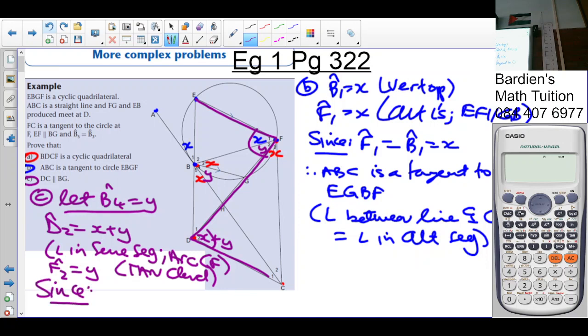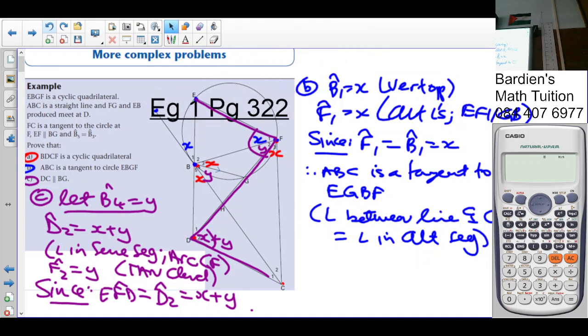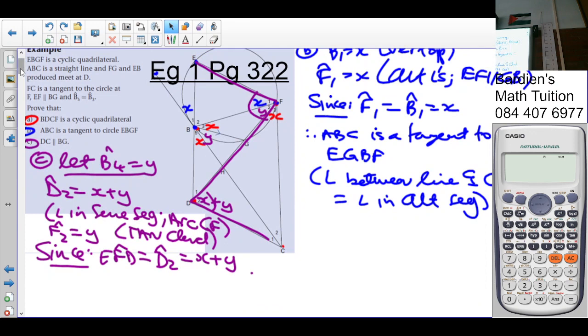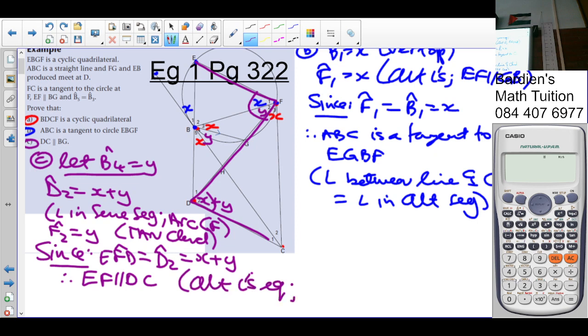We say since EFD is equal to D2, which is equal to x plus 1, therefore EF is parallel to DC. Why? Because the alternate angles are equal. Okay? Alternate angles are equal.